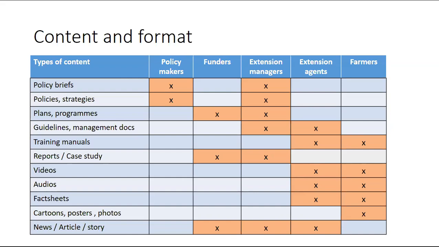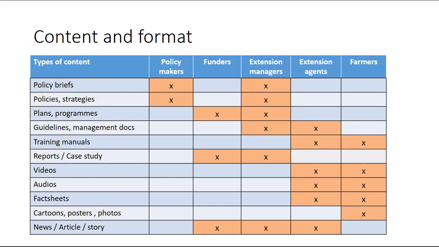So let's look quickly at what the types of content are. For policymakers, the key documents, the key contents they are looking for and which should be on your website if you want to attract policymakers, are the policy briefs or policy orientations, advice and recommendations, and policies and strategies. You must put these things.